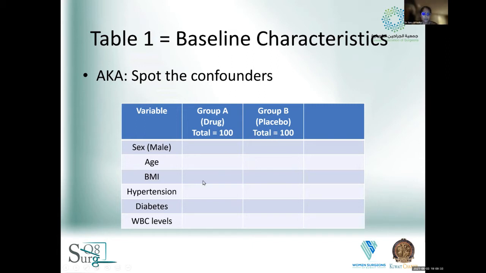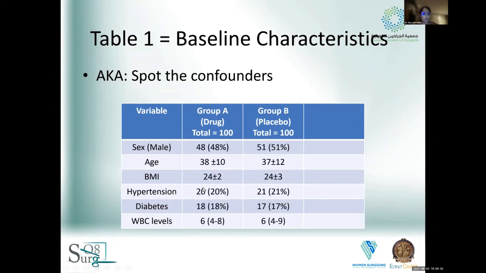In this scenario, we want to look at the differences. Most of these tables will have results similar to this. So when I looked at how many males there were, well, 48%, 51%, you have the mean age stated, you have the percentage of diabetics. When you look at the groups, what you really want to see is, are group A and B roughly the same or not?